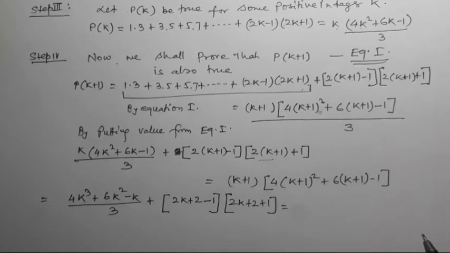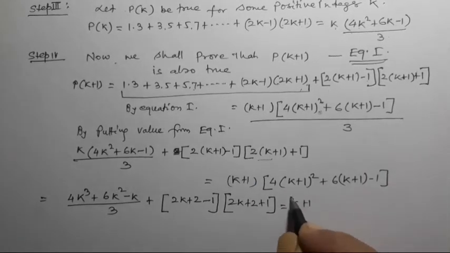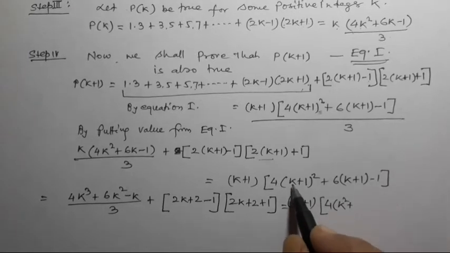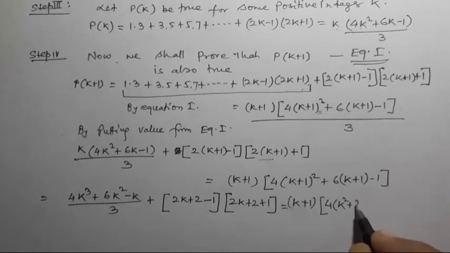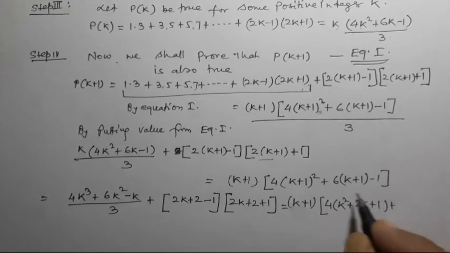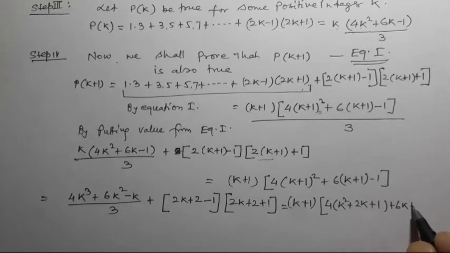And RHS will be k plus 1 into 4, and (k plus 1) whole square will be a square plus 2ab plus b square. So a square, 2ab means 2, a means k, b means 1, so it will be 2k, and b square will be 1, plus 6k plus 6 minus 1.